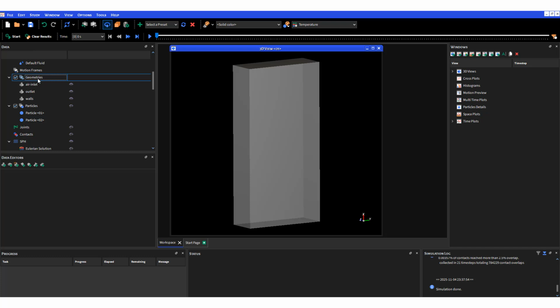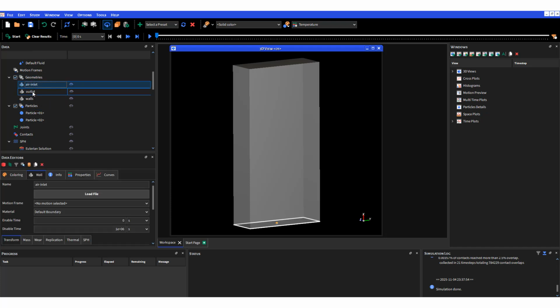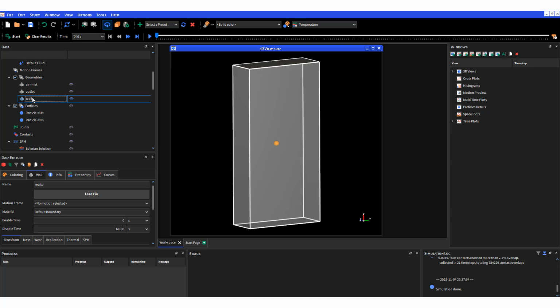For geometries, we first have to import geometries. I've already done that. We can import wall and read the Fluent case file that we have, and it will generate the geometry here. Everything is defined as a wall.